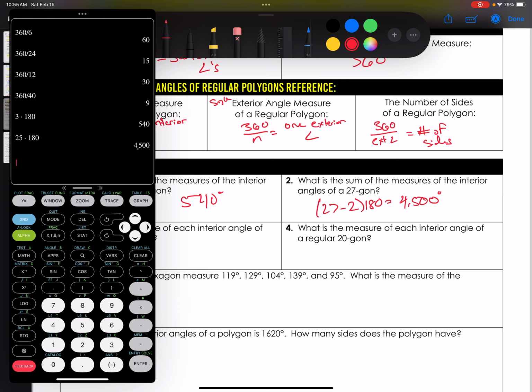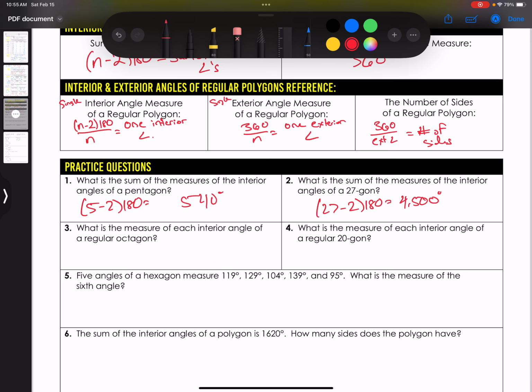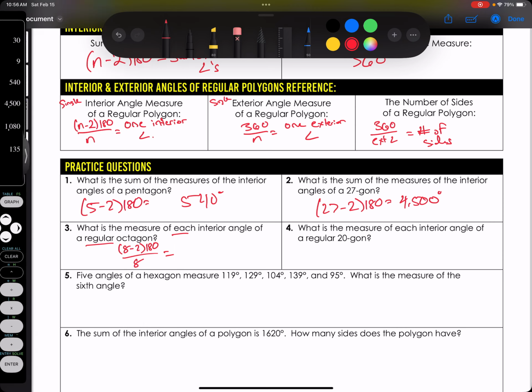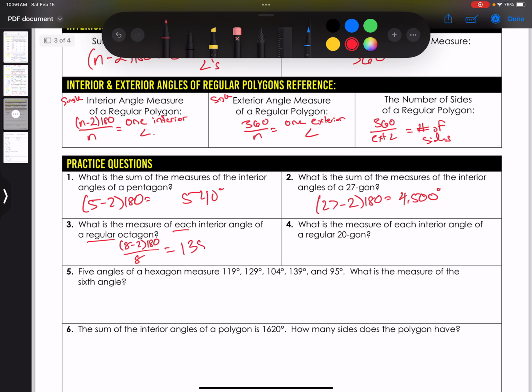Okay. Next up, what is the measure of each interior angle of a regular octagon? Those two words are clueing me in, saying, hey, we need to use the other formula, okay? Because this wants each interior angle of a regular octagon. An octagon has 8 sides, so 8 minus 2 times 180, divided by 8, our number of sides. So that's 6 times 180 divided by 8, which gives us 135 degrees for each one of those interior angles.